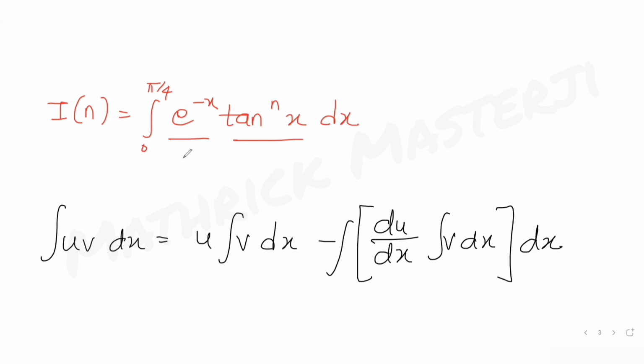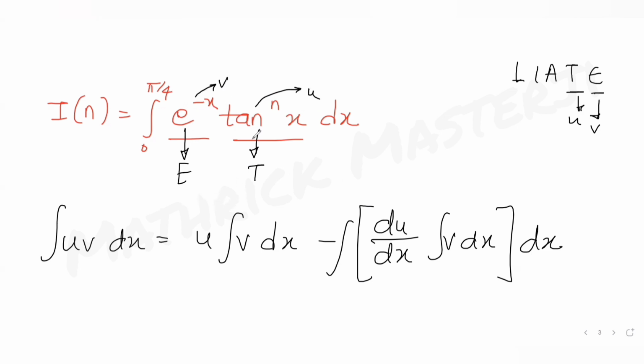To decide which is u and which is v, I'll use the idea of LIATE, which is logarithmic, inverse, algebraic, trigonometric, and exponential. I understand this is exponential, this is trigonometric, and the first which comes is u and the other is v.